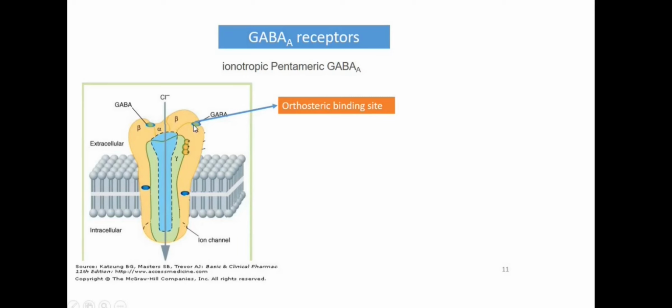Now, once GABA binds to its receptor, what will happen? There is a change in the configuration of the receptor in a way that the chloride channel will open. Now, once the chloride channel opens, as we know, chloride is concentrated outside the neuron. It will rush into the neuron, increasing the negativity of the intracellular membrane.